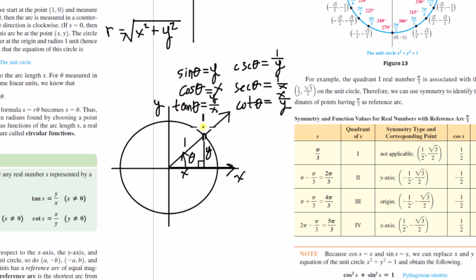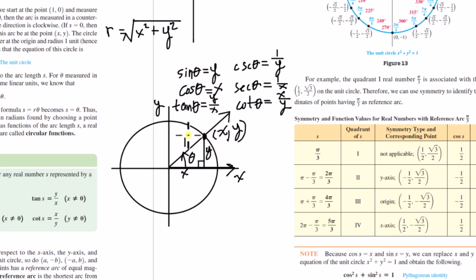But also something else you might have noticed that's interesting is that the coordinates of this point on the unit circle corresponding to this angle are equal to the sine and the cosine of the angle, right? The coordinates of this point, x, y: x is cosine theta, y is sine theta.